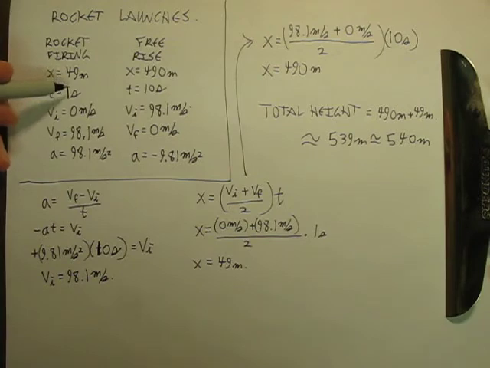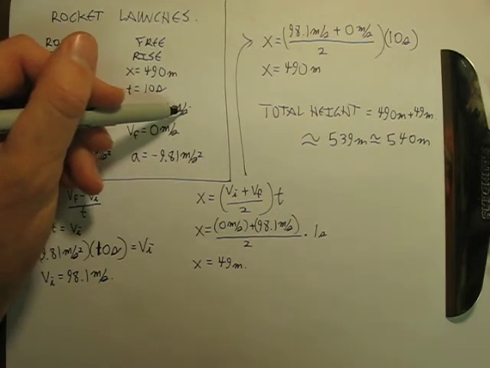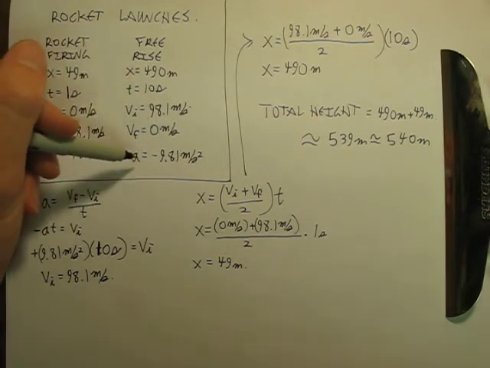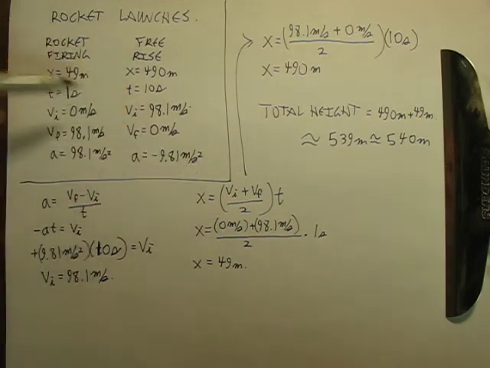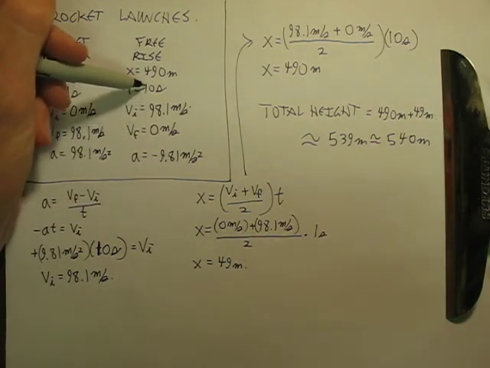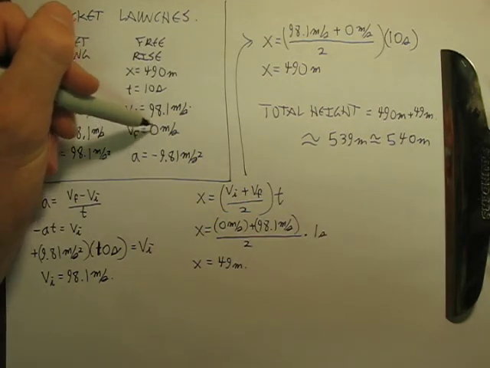Now, when the rocket cuts out, it's going at 98.1 meters per second, and then the acceleration is negative 9.81 meters per second squared, so it's going to decelerate for a remaining 10 seconds, and after 10 seconds it's going to be going 0 meters per second.